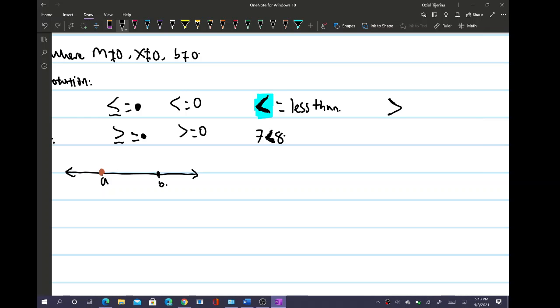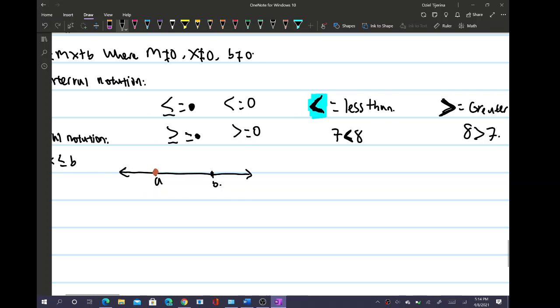This one is greater than. Now, don't get confused when it's saying seven, then this, then 8. This just means 7 is less than 8. This one means I would say 8 is greater than 7.